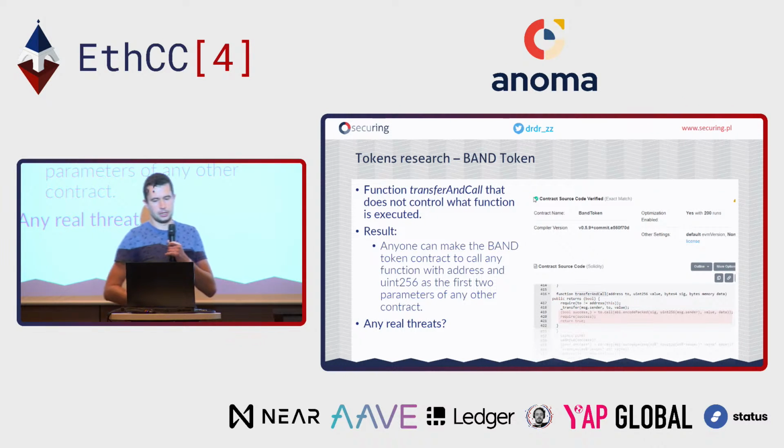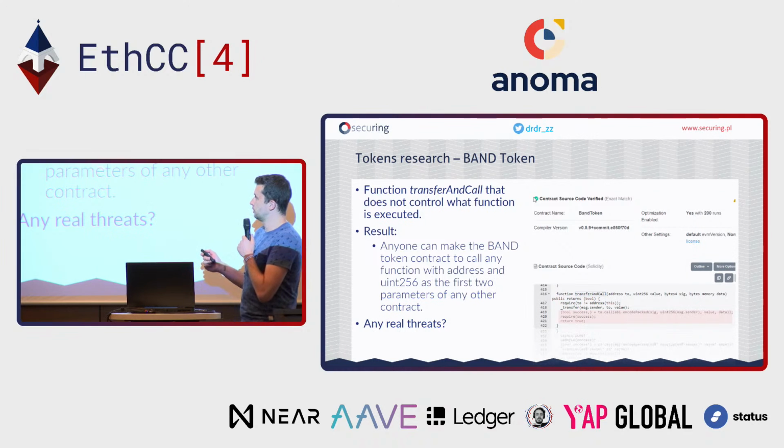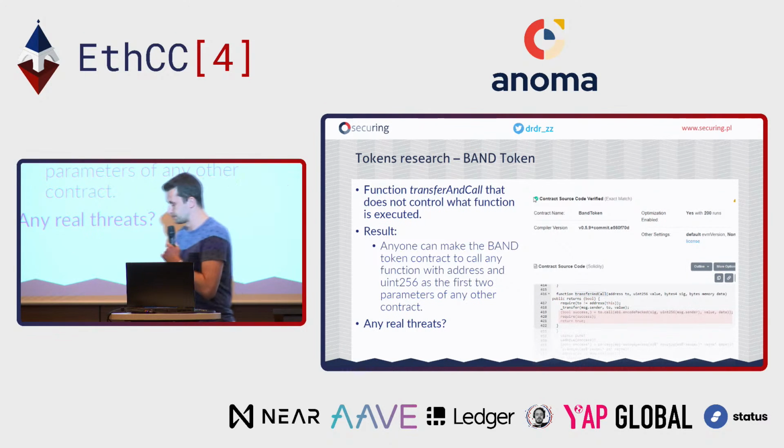But in this case, I could control the signature of the function. So actually, I could make the Band token call any contract, any function. The only limitation was there had to be at least two parameters, where the first one was the address and the second one was the value. So it was address and it was uint256.